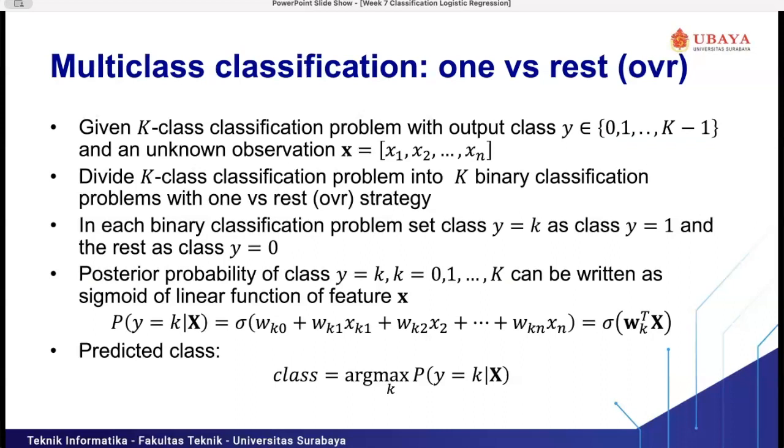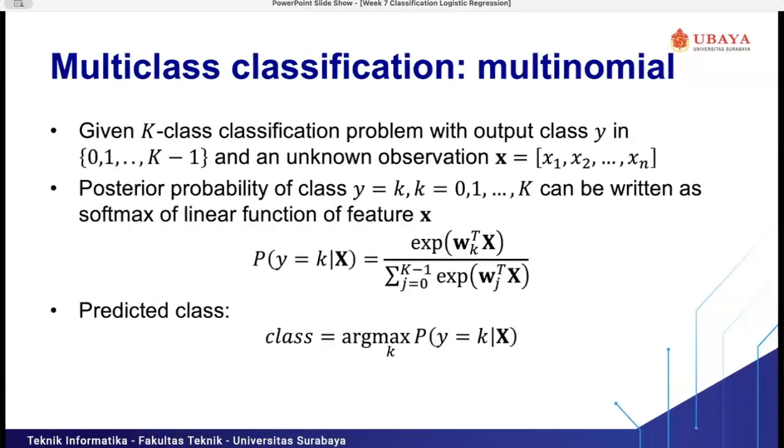If we want to predict one label, the other labels will be y equal 0, and the current label will be y equal 1. For the predicted class, we find the highest probability for every class, then predict the class that has the highest probability.